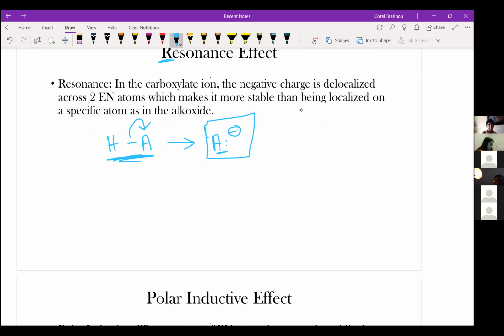So let's compare something like a carboxylic acid, we'll just make that an R group, compared to an alcohol. So let's just do ROH.